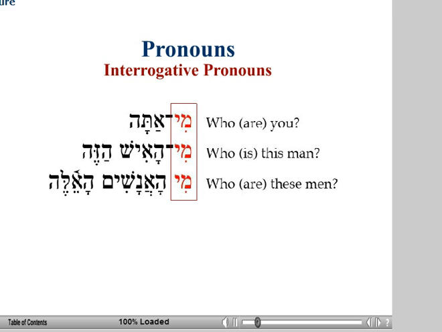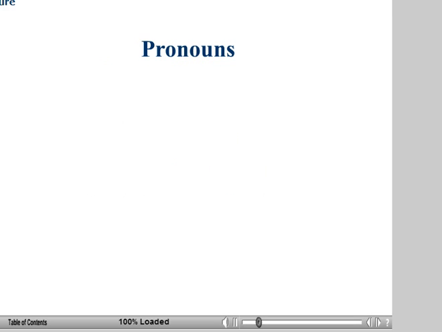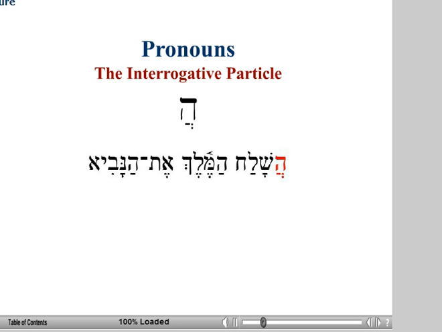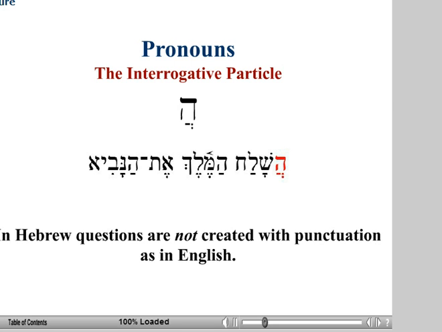In handout 8J, 8.10 in the grammar, we studied the interrogative particle, which is spelled hey followed by a hatef patach. This particle is prefixed to the first word of a sentence, thereby creating a question. You must understand that in Hebrew, questions are not created with punctuation as in English.